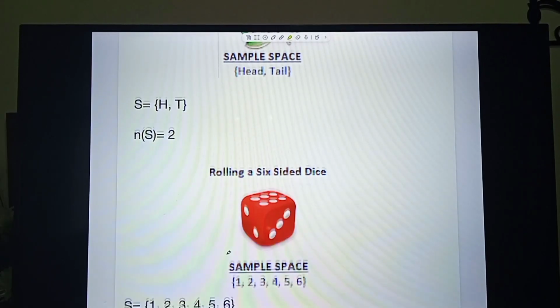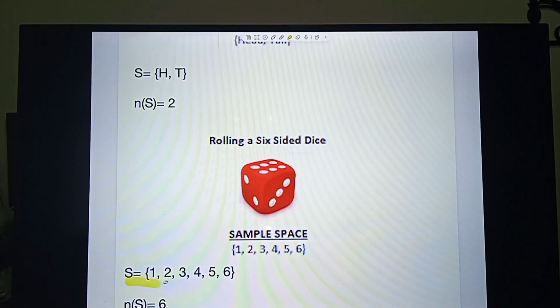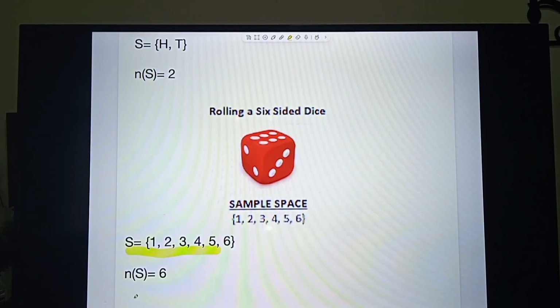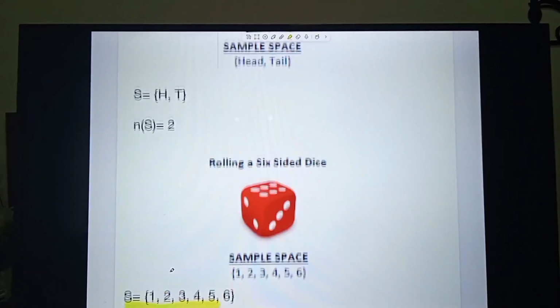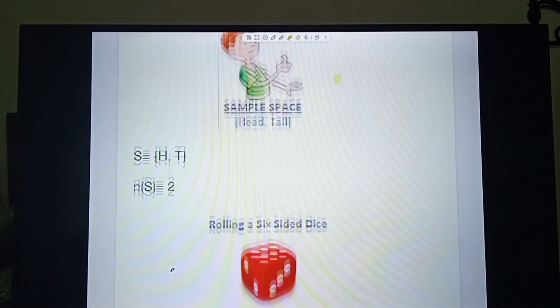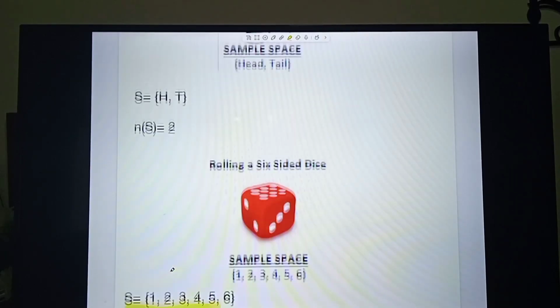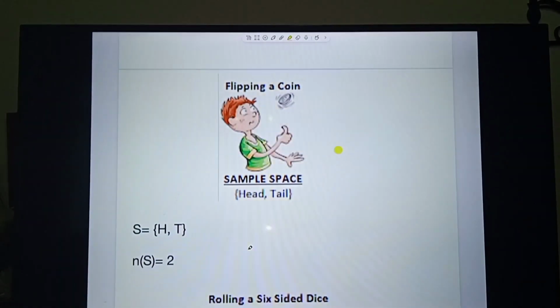When you list the sample space, it is from 1 to 6, and the number of sample points, or the number of elements, in this sample space is 6. So this is how you can list the outcomes of any experiment. In this case, the experiment is simple.